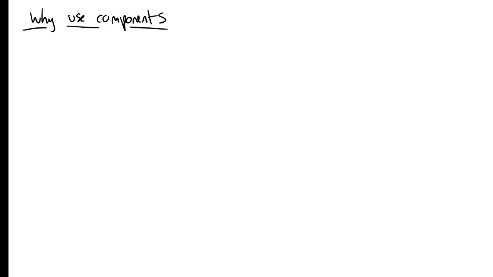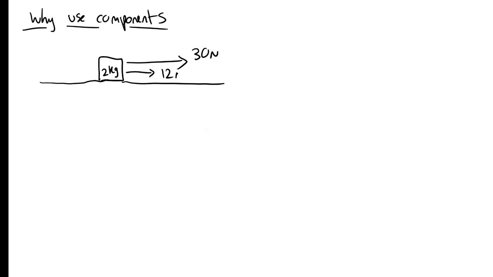At GCSE you will have seen simple uses of Newton's second law. Let's say we have a block of mass 2 kilograms and there are a few forces acting on it, a 30 Newton force, a 12 Newton force, and then acting the other way, a 18 Newton force.